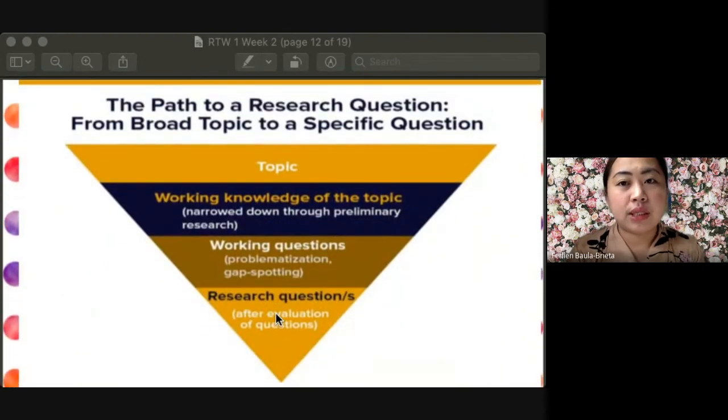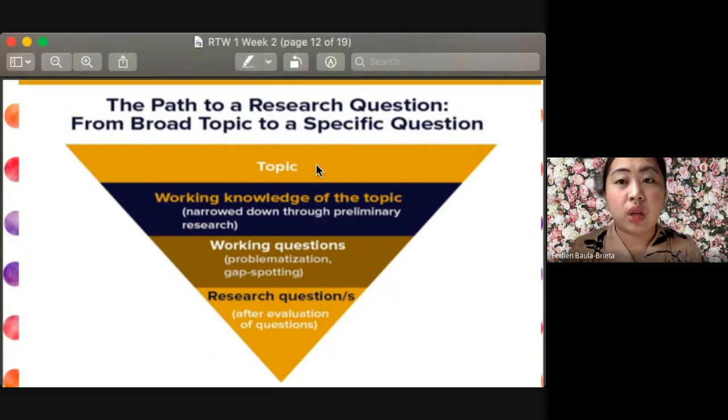So from this figure here, this is another way to present how you would generate a general topic leading to a specific one. So this is the path to research question from broad to specific question. This can be redundant, but this is to reinforce the explanation.